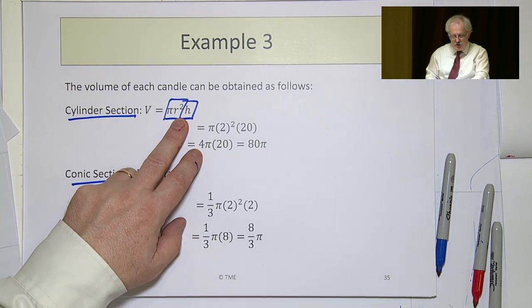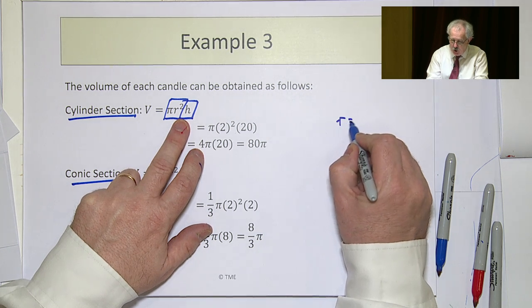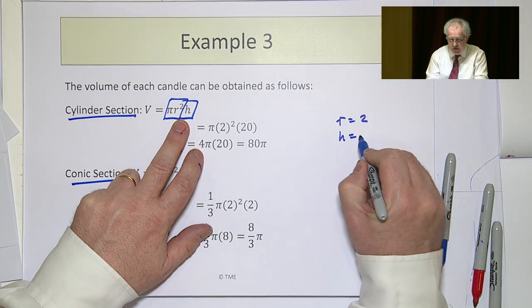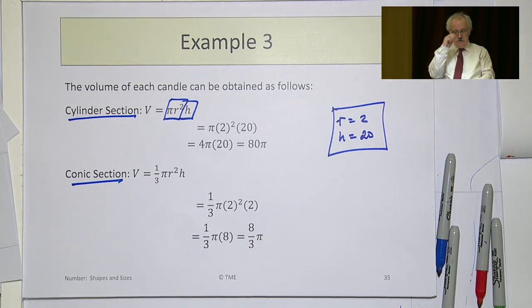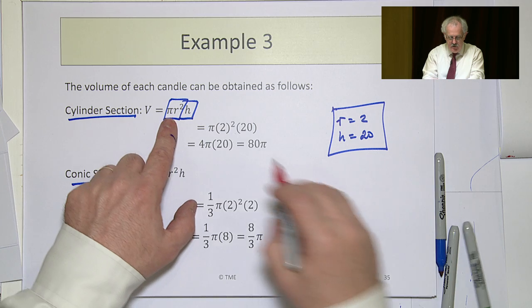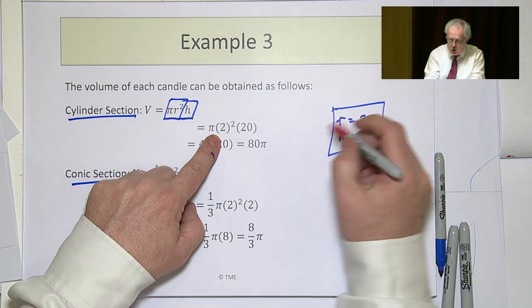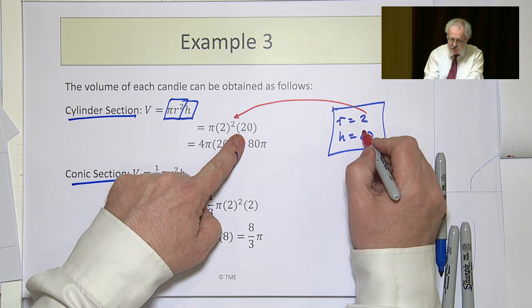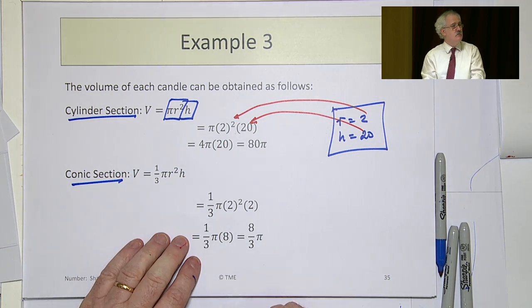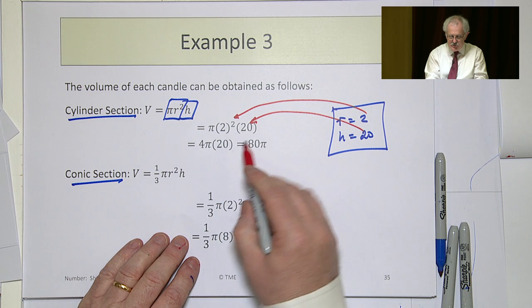So V is pi r squared h, but we were told that r is 2 and h was actually 20. So we just one by one say the pi is pi, the r we substitute in for the 2 squared, and the h we substitute in for the 20. 4 pi times 20, 80 pi.